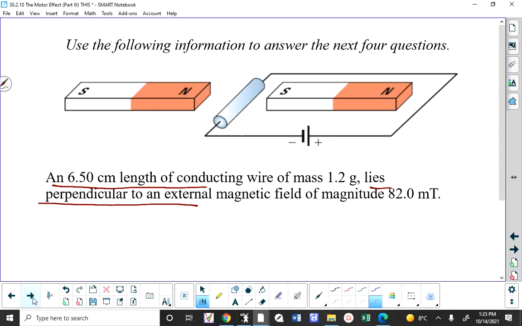What that means, everybody, is that distance is 6.5 centimeters. It's the length of the wire that's in the magnetic field. The whole wire itself could be a mile long. It's only the part of the wire that's in the magnetic field that we care about. We've got a mass of this wire, and the magnetic field is 82 millitesla.